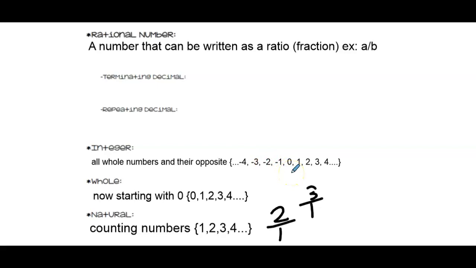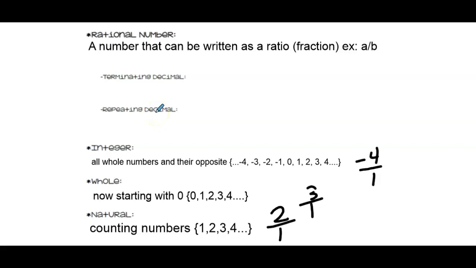Let's say I take -4, and if I wanted to make it a fraction, I just place it again over 1. So any of these numbers that we've talked about so far in your math career, from being a little bitty preschooler up until now, all of these numbers are rational because they can all be made into a ratio or a fraction. Now, the last two I've left on purpose for last because they are decimals.